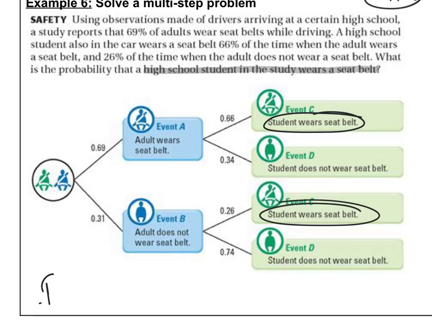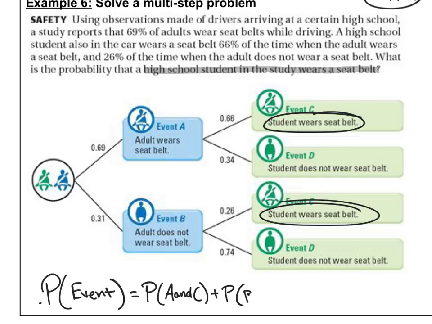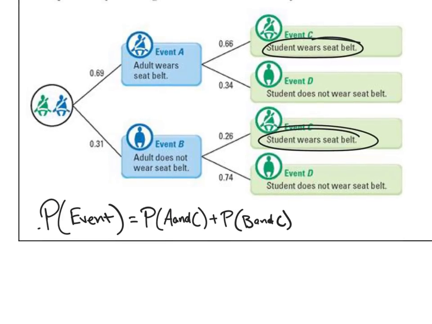So in order to find the probability of event C, we're going to have to take the probability of A and C, and we're going to have to add it to the probability of B and C. In order to do that, we are going to have to multiply the percentages together.